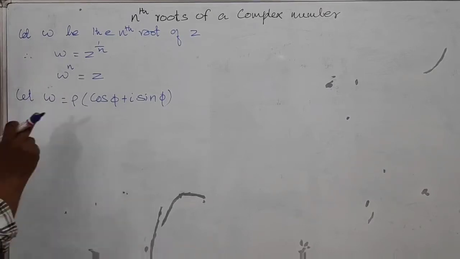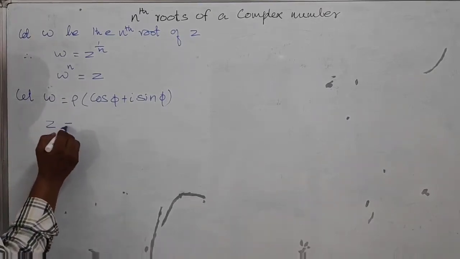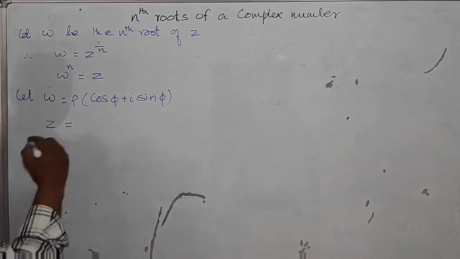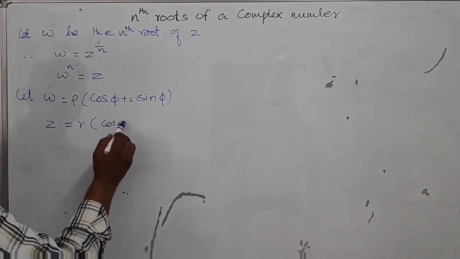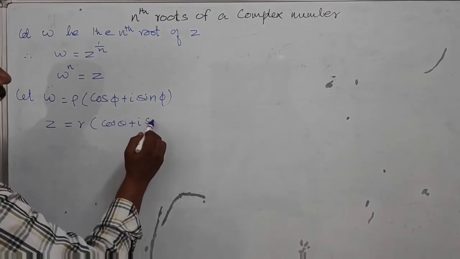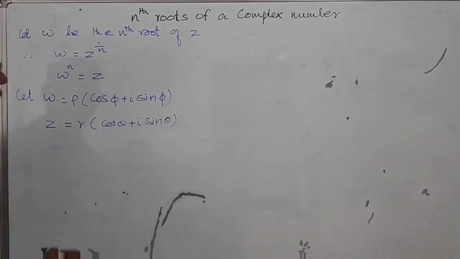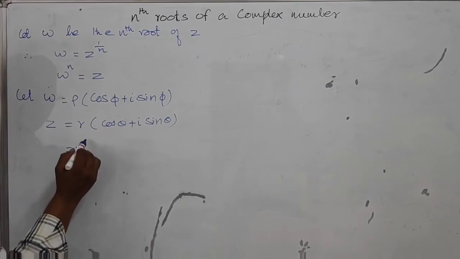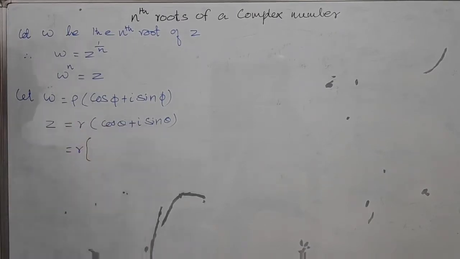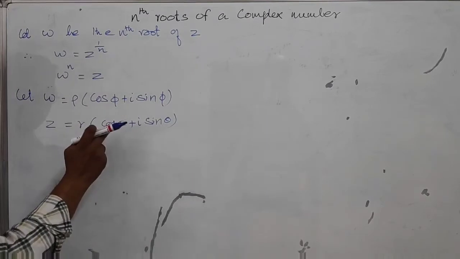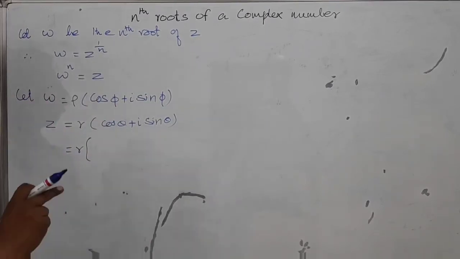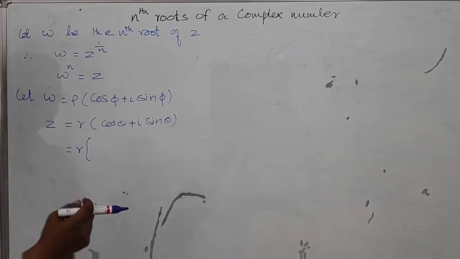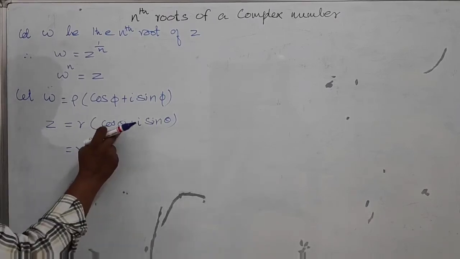Now we know very well z is another complex number, which in standard form is r into cos theta plus i sin theta. If you consider theta as the principal value, you get only one value, but you are going to find the general value, meaning we can take all possible values for theta.